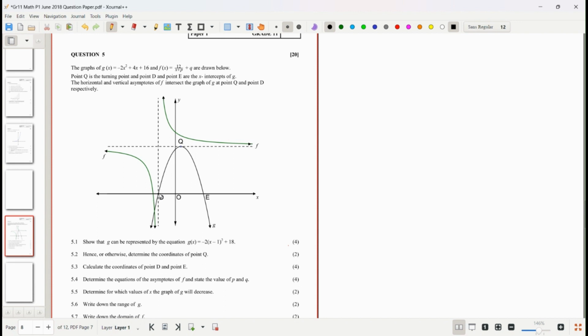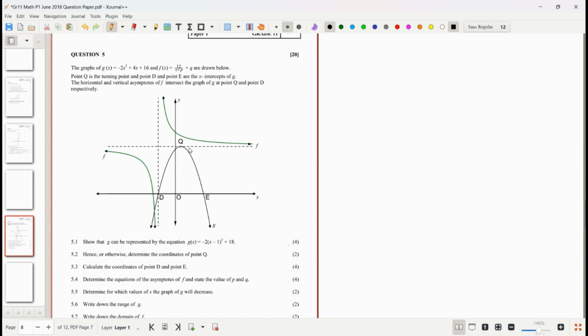So we know that x will equal negative 2. And then here we can see it shares the value with the turning point of graph g, right?